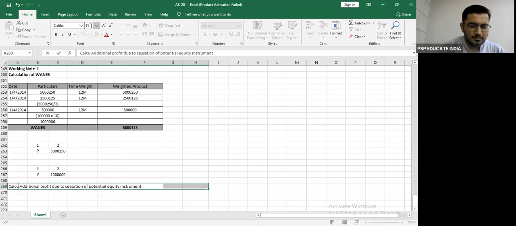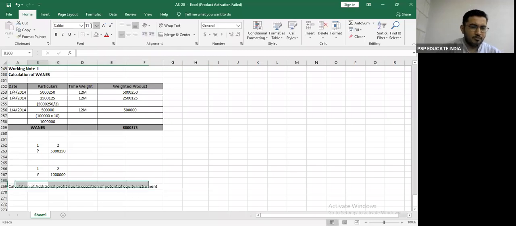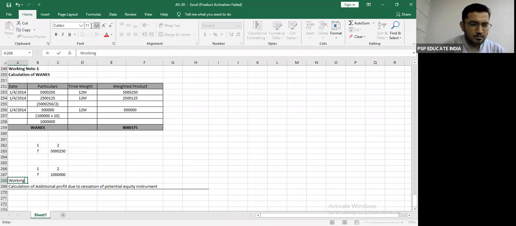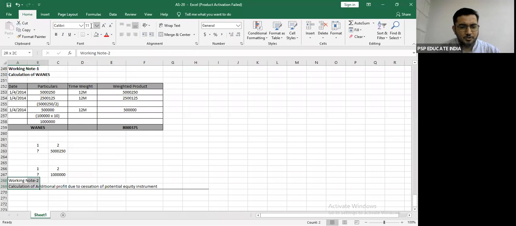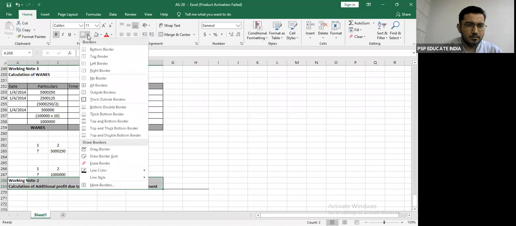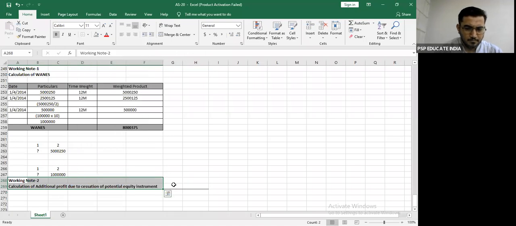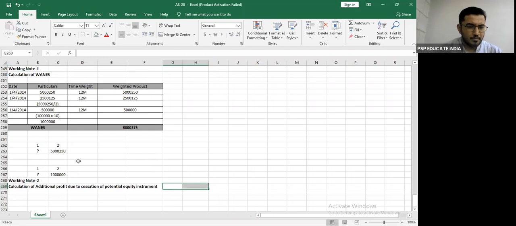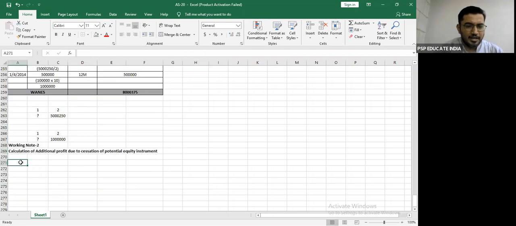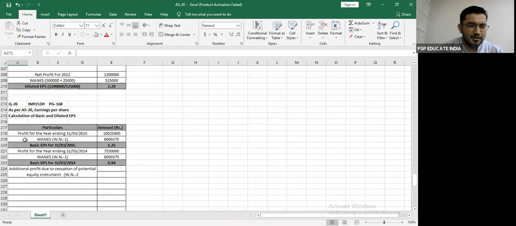Calculation of additional profit due to cessation of potential equity instrument. Again, we'll quickly prepare a very small format.